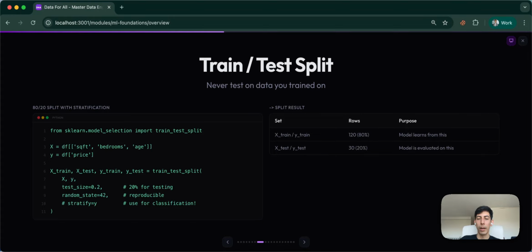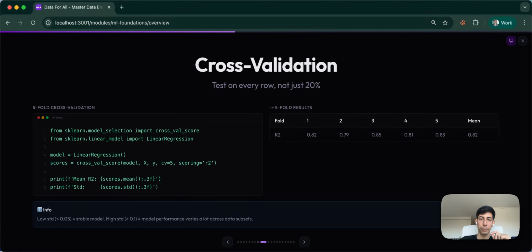We use the number 42 for random state. It's just a standard, right? Same split every time you run it. And stratify is crucial for classification. It makes sure both classes are represented proportionally in both sets. Without stratify, you might accidentally put all the rare cases in training and none in test. Your test results will be meaningless, okay? So keep that in mind.